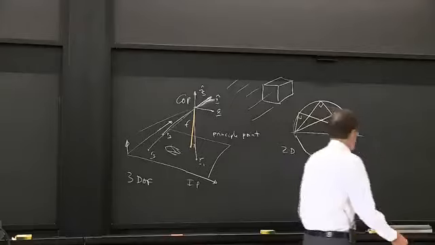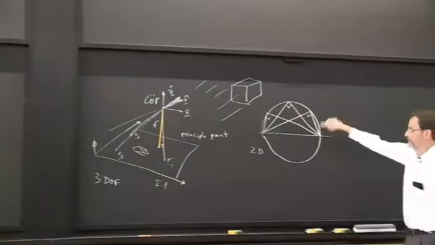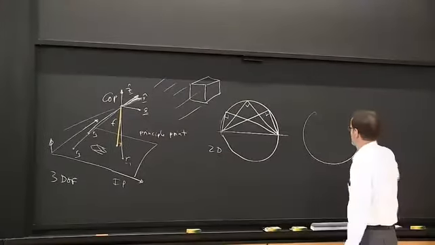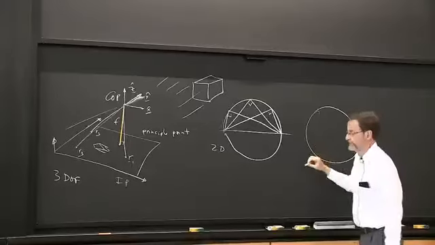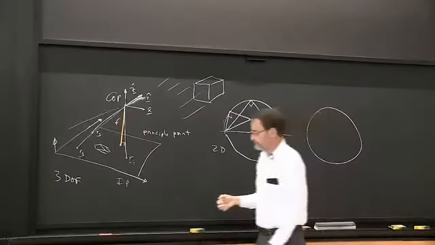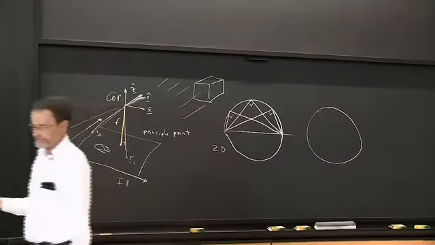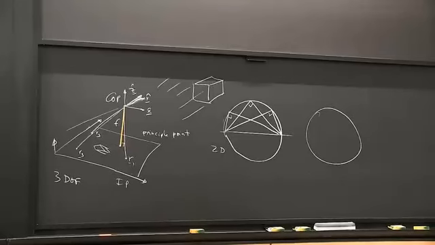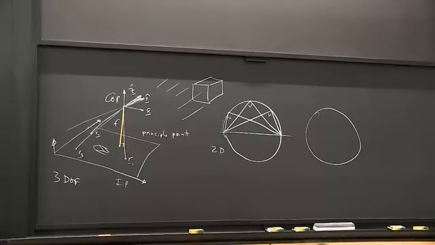And the 3D version, of course, is you just spin this around its axis and you get a sphere. So that constraint on the position of the center of projection is just that it lies on a sphere. So what sphere?